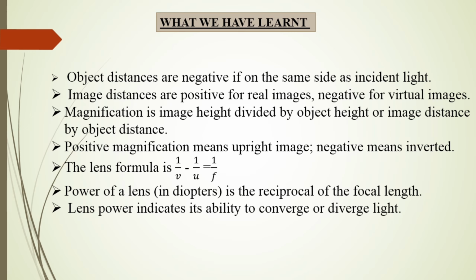The lens formula is 1 by v minus 1 by u is equal to 1 by f, where v is image distance, u is object distance, f is focal length. And f is positive for convex lens and f is negative for concave lens. Power of lens in diopters is the reciprocal of the focal length. Lens power indicates its ability to converge or diverge light.